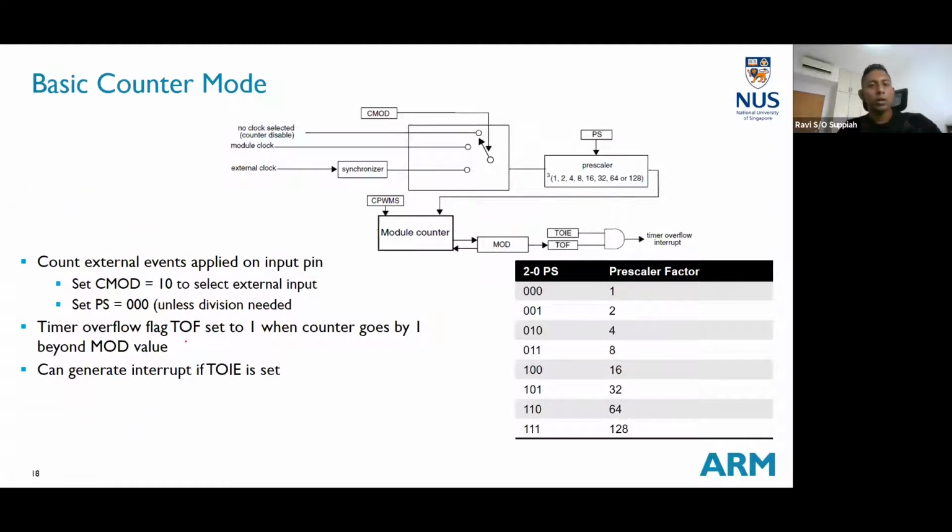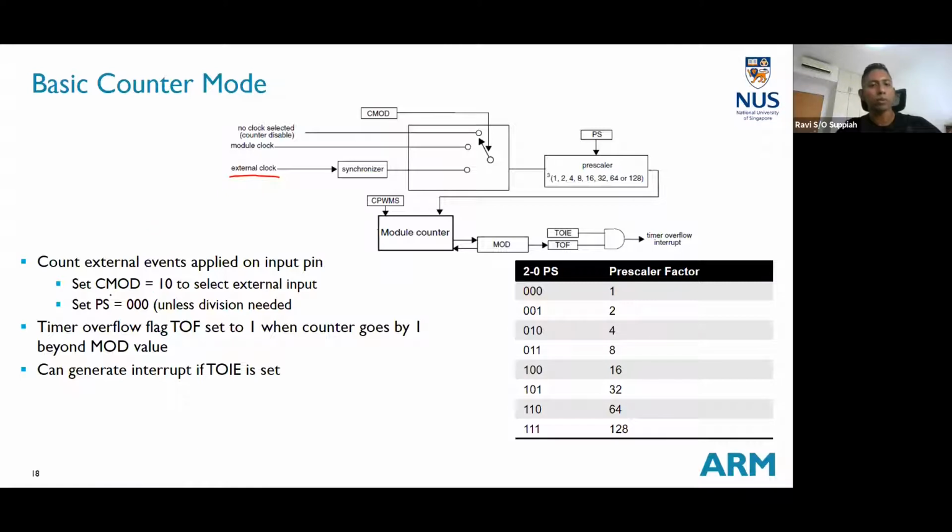Okay, so in terms of counting external events, for example, let's say I have an external event that is happening. You have a sensor you connected to some conveyor belt, and you want to count the number of packages that are passing through. All right, so you can use this kind of external clock trigger to increment or decrement your counter.